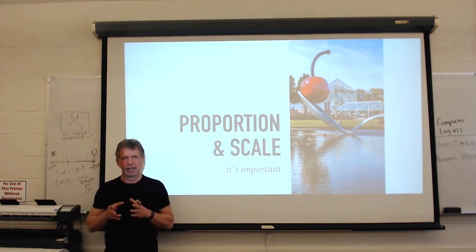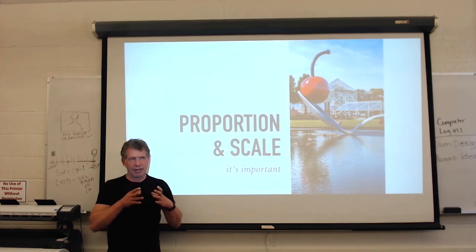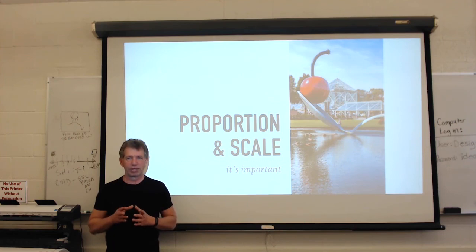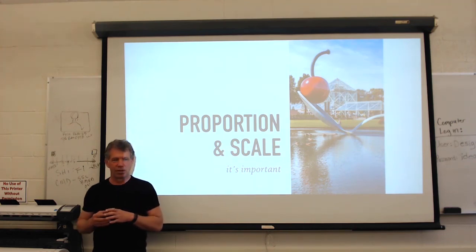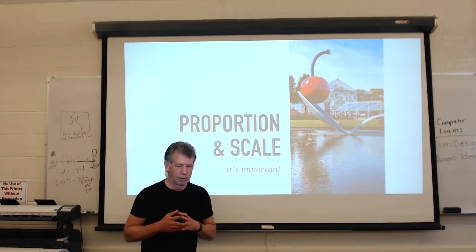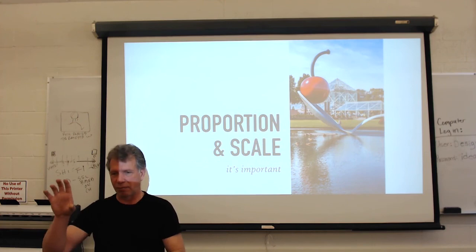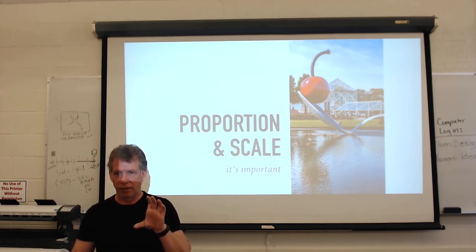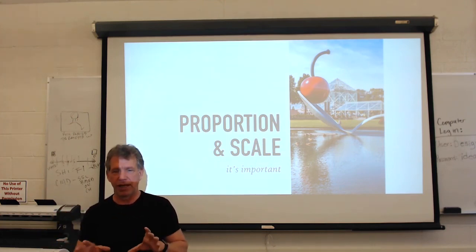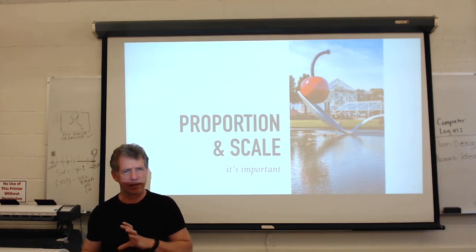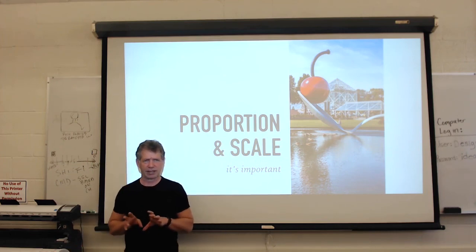And that's key: the whole composition needs to be in proportion to the individual elements in it. So for example, if we were to take one item and compare it to another, and if it's out of proportion to the composition, then we know that it's not correct, that the composition isn't correct as well.